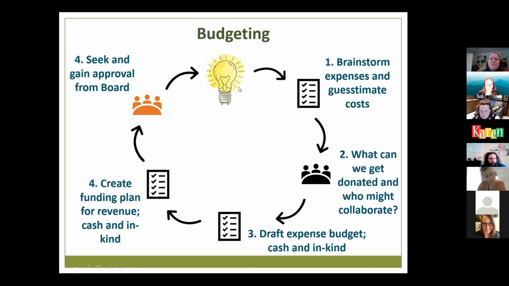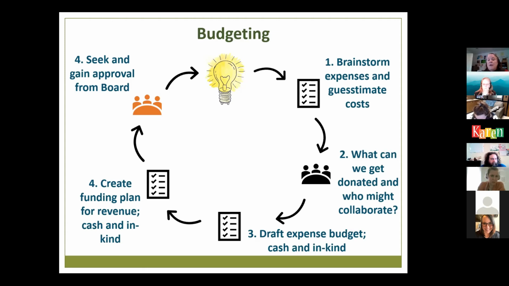So the first thing that we would do to create a budget is to just do a brainstorm and think of all the expenses that we're going to have. We're going to create some garden plots on site at a shelter. We need a fence, we need a tool shed, we need tools, we need soil, we need wood for raised beds.